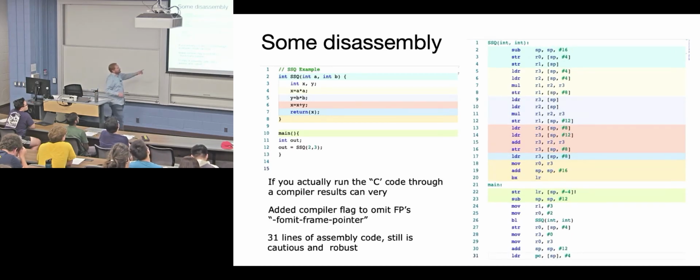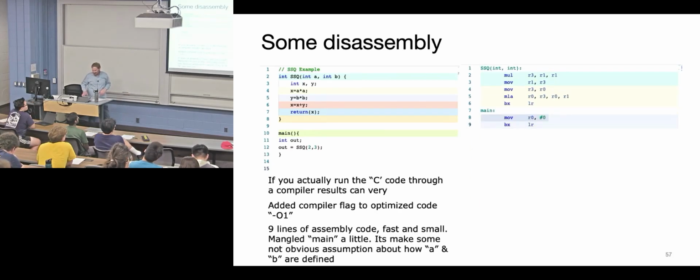You can omit frame pointers, which reduces the code size. And if you go to the most optimized setting, then you actually get code that makes sense. So I'm just telling you, if you're ever trying to debug your code in the disassembler, you'll see wild things in there, and now you might know why that is and how to handle it. You can see that this particular function was optimized a little bit more than ours, but that's just a detail.